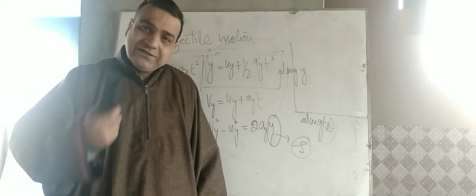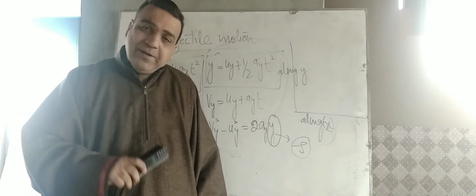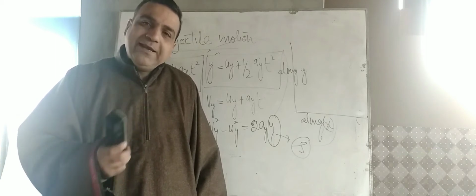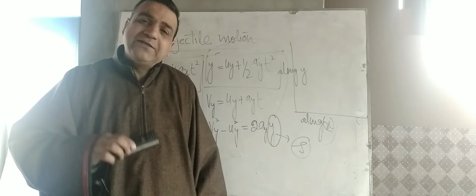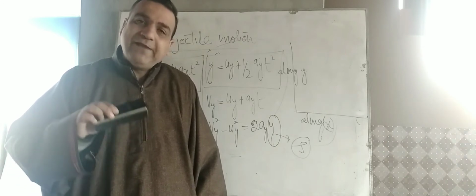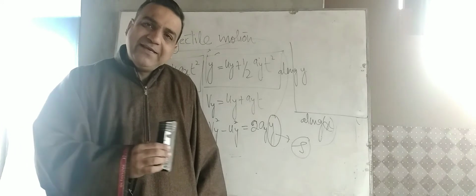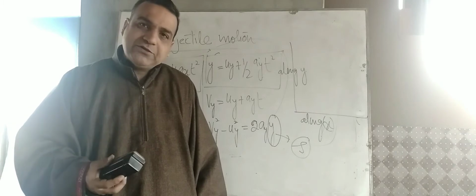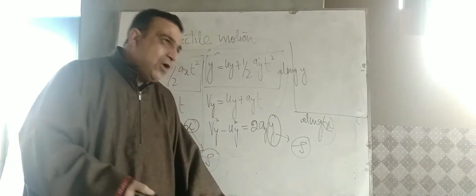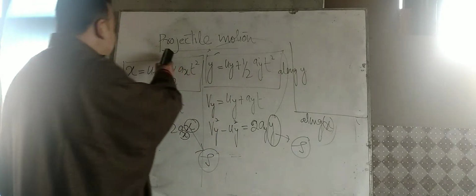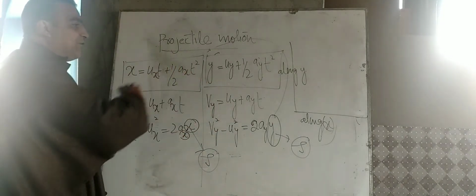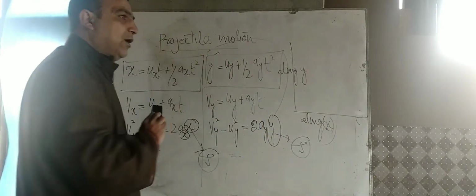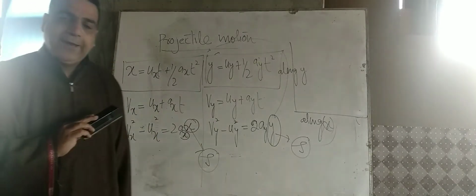So in order to learn the dynamics that involves two-dimensional motion, what is important is that we should resolve these vectors along the x-axis and along the y-axis. So I can write down the equations of motion along the x-axis in this fashion, and I can write down the equations of motion along the y direction.